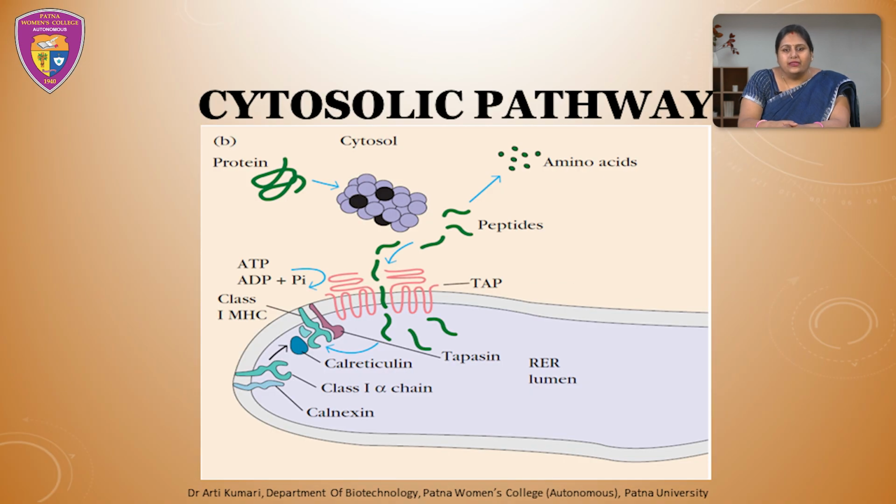The class 1 MHC molecules are also assembled during this process inside the lumen of the rough endoplasmic reticulum. The newly formed class 1 alpha chains associate with calnexin, which is a molecular chaperone in the RER membrane.